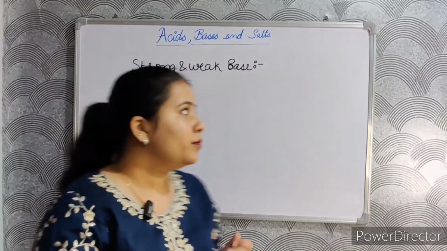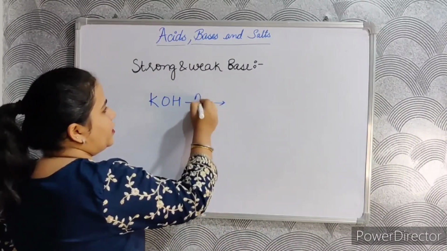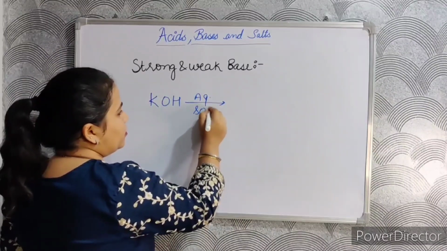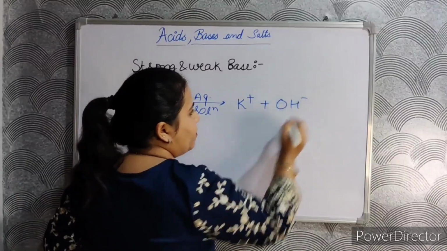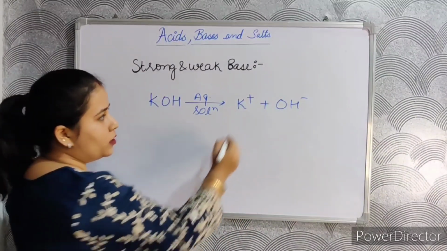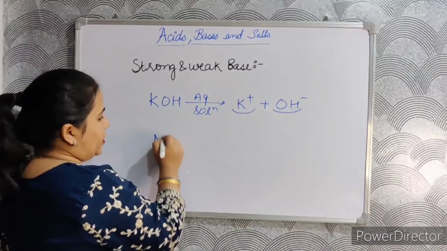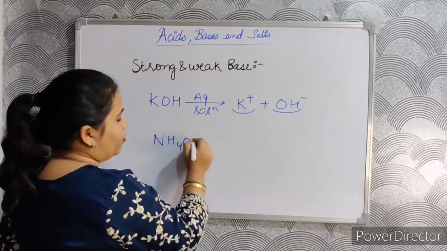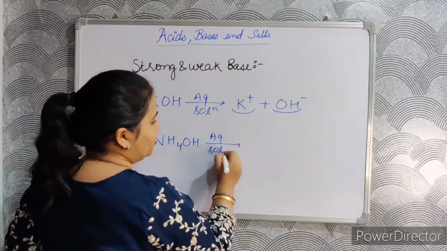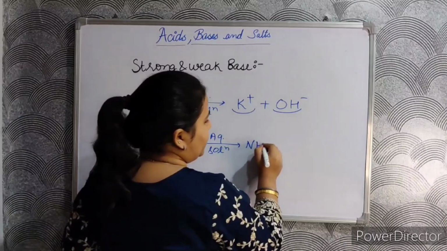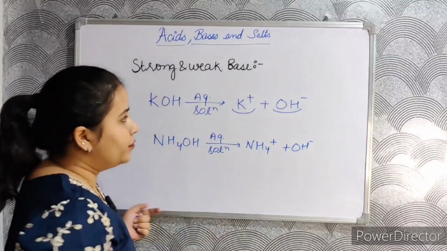Let's take an example. Potassium hydroxide, when it is added to aqueous solution, ionizes into K plus and OH minus ions, potassium ion and hydroxide ion. Here the OH minus ions released are more, so it is categorized as a strong base. Another example is ammonium hydroxide, when it is added to aqueous solution, it dissociates into ammonium ion and hydroxide ion.